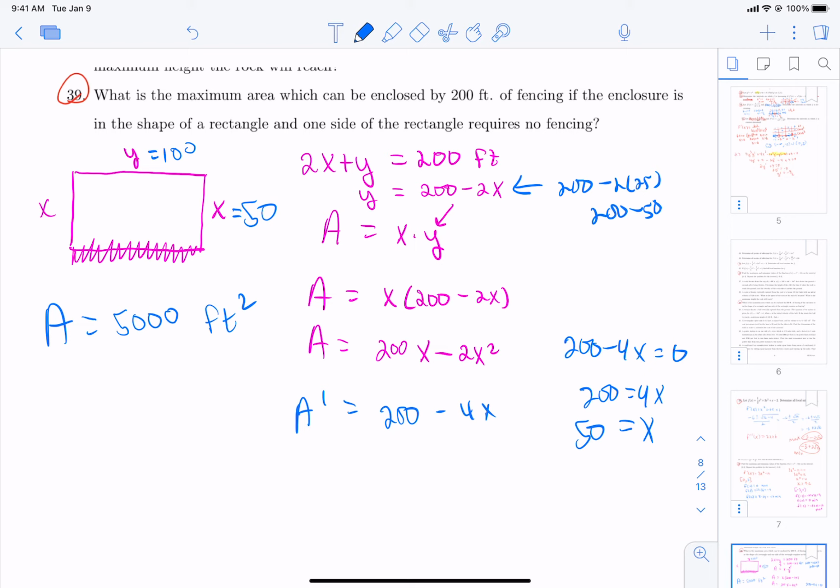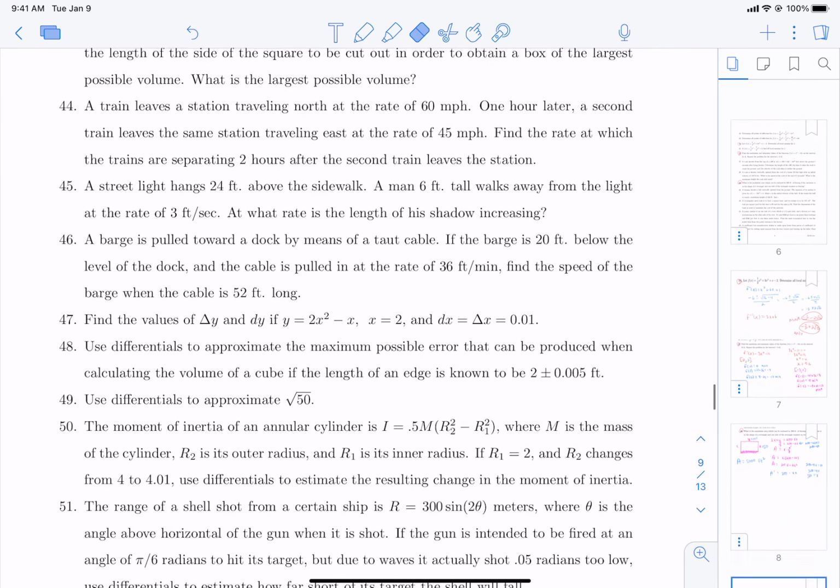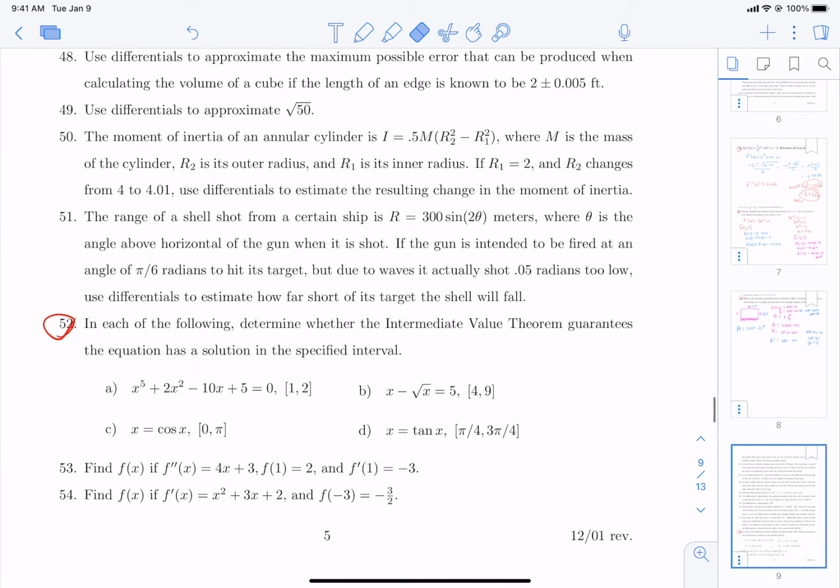Yeah, we're getting close, right? I was just saying, we only have 6 left. Okay, so now we're going to do 52.